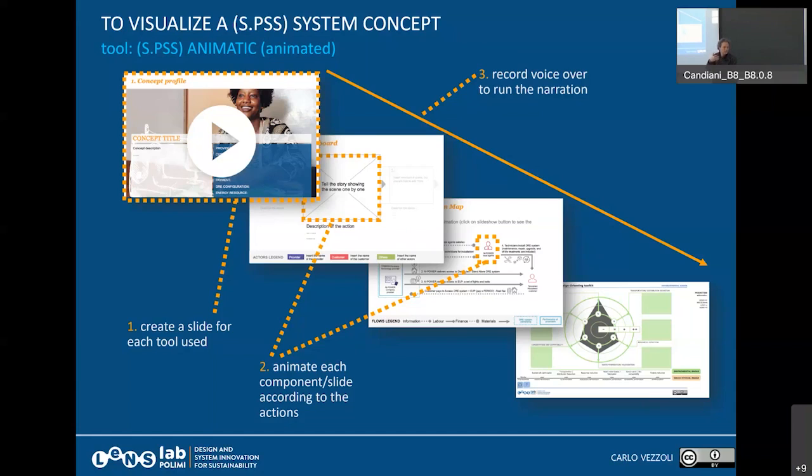So visualization helps the conversation among different stakeholders. The same could be used to make a quick and dirty, fast narration of your concept. So it will be an animation of static images with a narration voice. Short, 3-4 minutes, something like this.